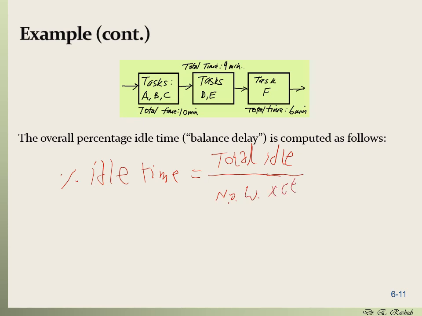And that's equal to the total idle time, which was 5 minutes, and we have 3 workstations multiplied by 10 minutes cycle time. So that's 5 divided by 30, which is 16.6%.